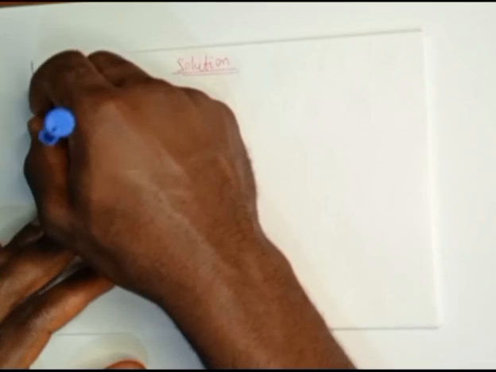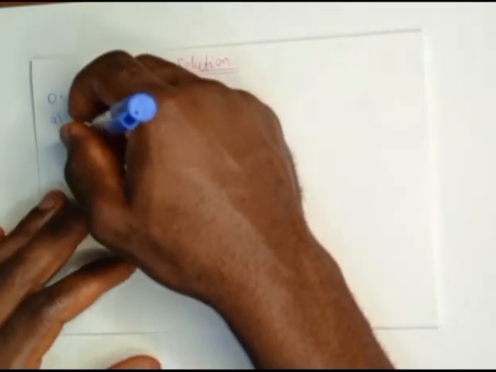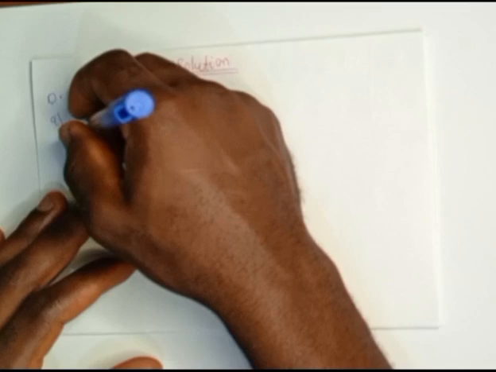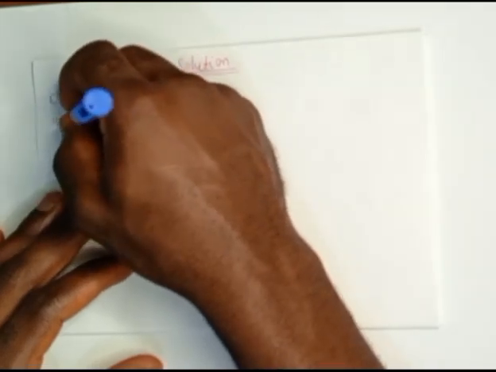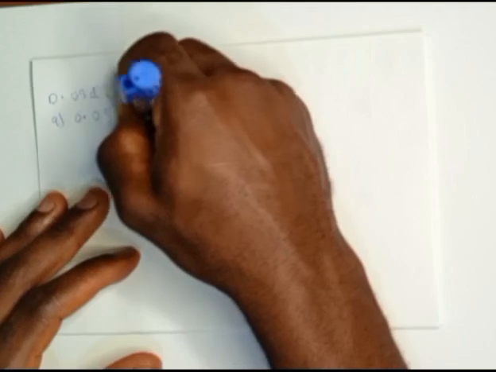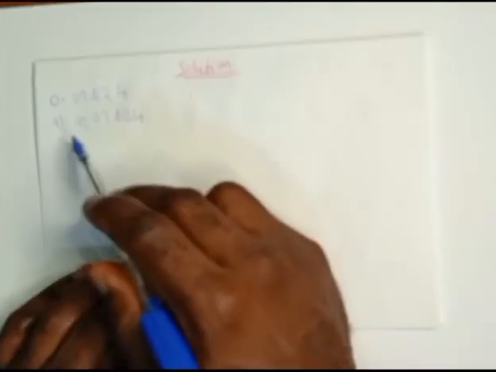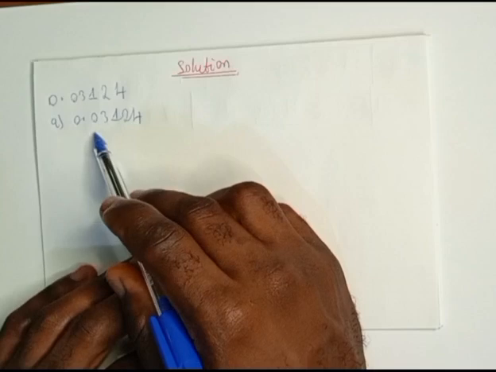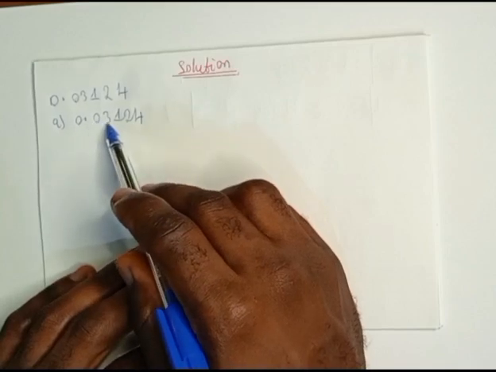For A, we have to express this number to 2 decimal places. We have 0.03124. To 2 decimal places, we are simply going to count the 2 decimal places. We have 1, 2.